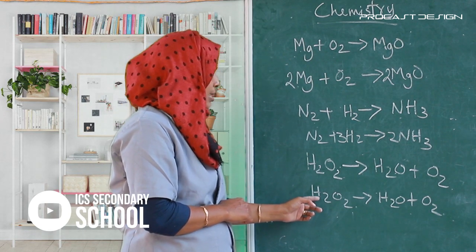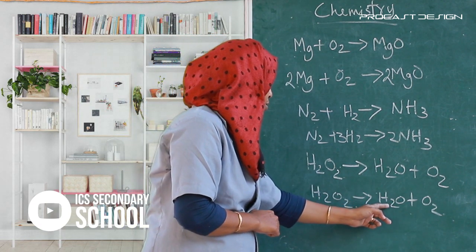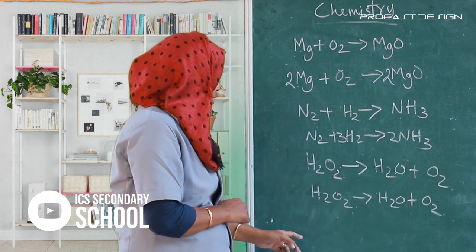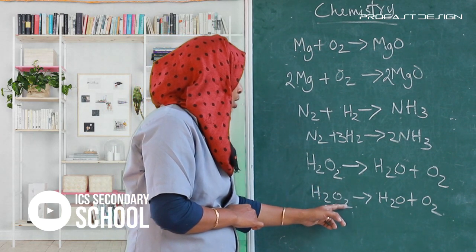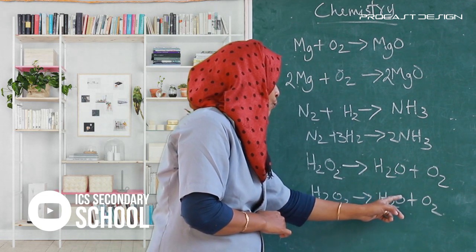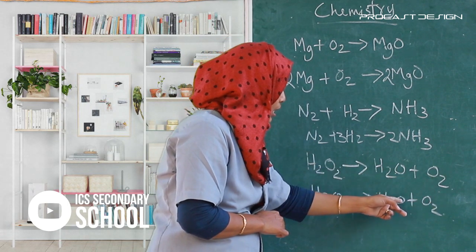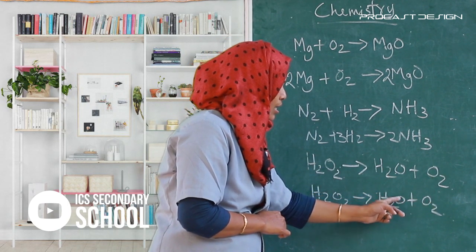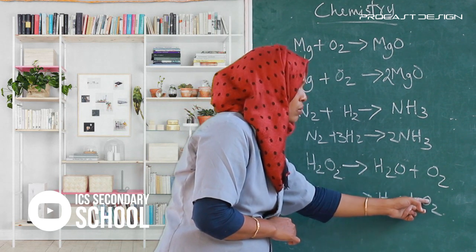On the reactant side the number of hydrogen is 2 and on the product side also 2. Then consider oxygen. Reactant side number is 2 and on the product side there is 1 oxygen and 2 oxygen, a total of 1 plus 2, 3.